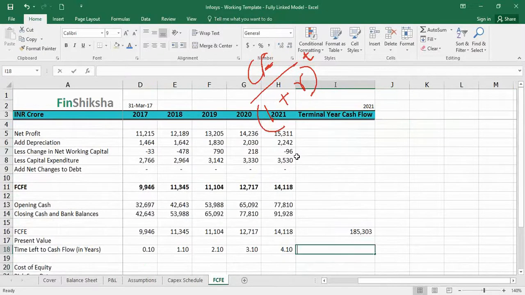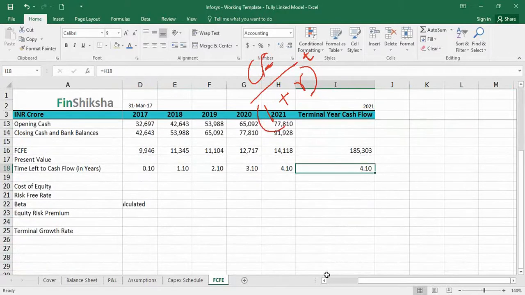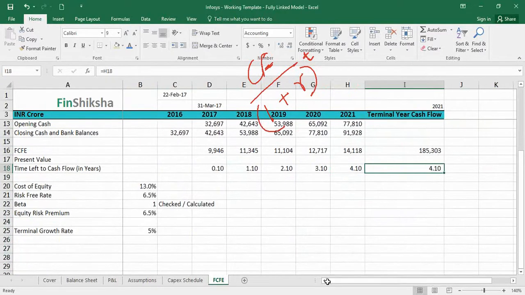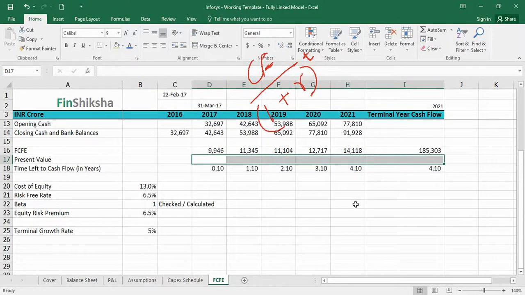So this has to be discounted at the same number of years to be able to arrive at what is going to be my final value. The present values that I calculate here are going to give me the equity value for this particular firm, Infosys, right? So based on the numbers that we have plugged in, based on our assumptions, that's how we will arrive at the equity value of Infosys.